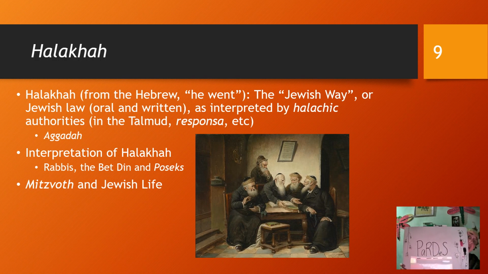I don't know if you can see that. P-A-R-D-E-S with the P-R-D and S capitalized. Pardes means heaven or paradise, and it's an acrostic. So you can use this device to remember Peshat, Remez, Darash, and Sod.